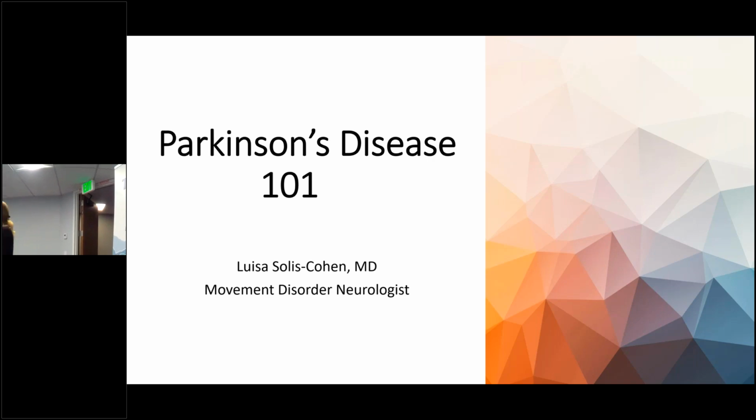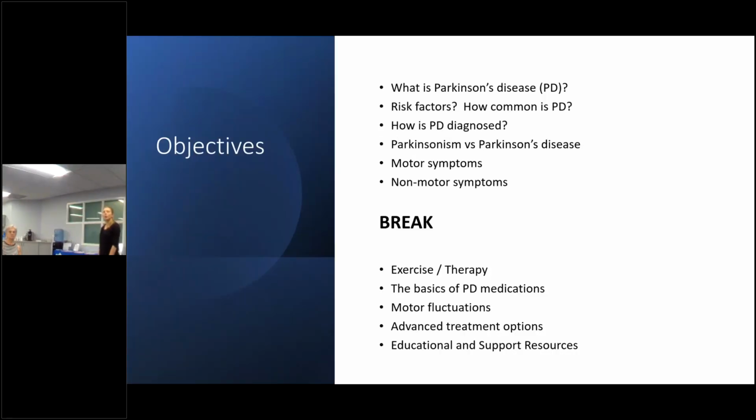So here's a little outline of what we're going to be talking about. Parkinson's disease, what constitutes the diagnosis? What are the risk factors? How common is this? How does your doctor come up with the diagnosis? And who should make the diagnosis?